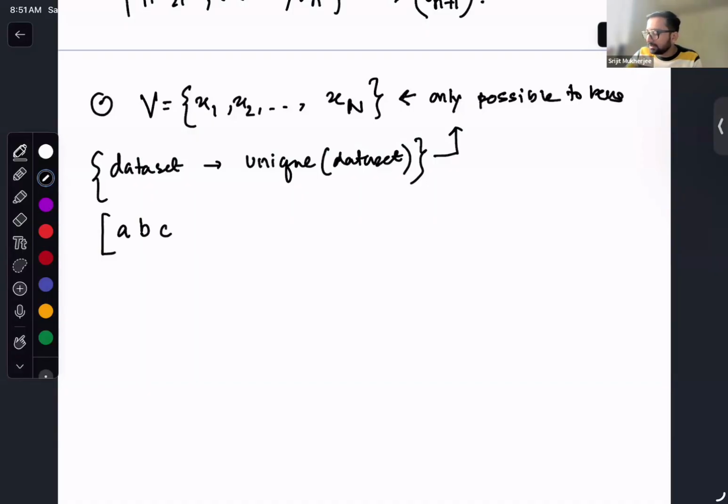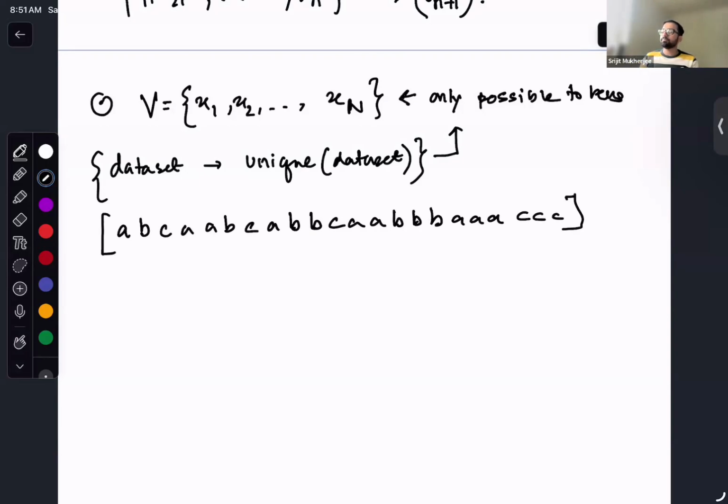A, B, C, A, B, C, A, B, B, C, A, B, B, B, A, C, C, C. So this is the data set D. And from this we build a vocabulary. We see the unique tokens: A, B, C.